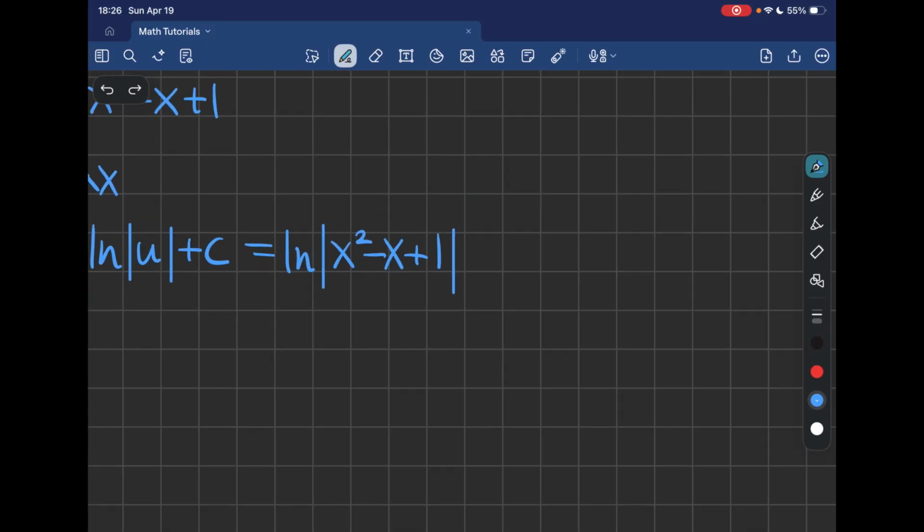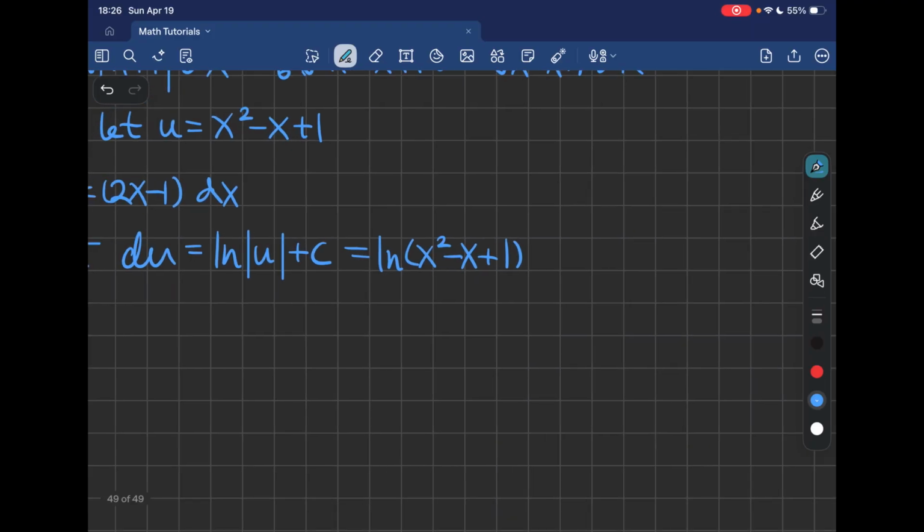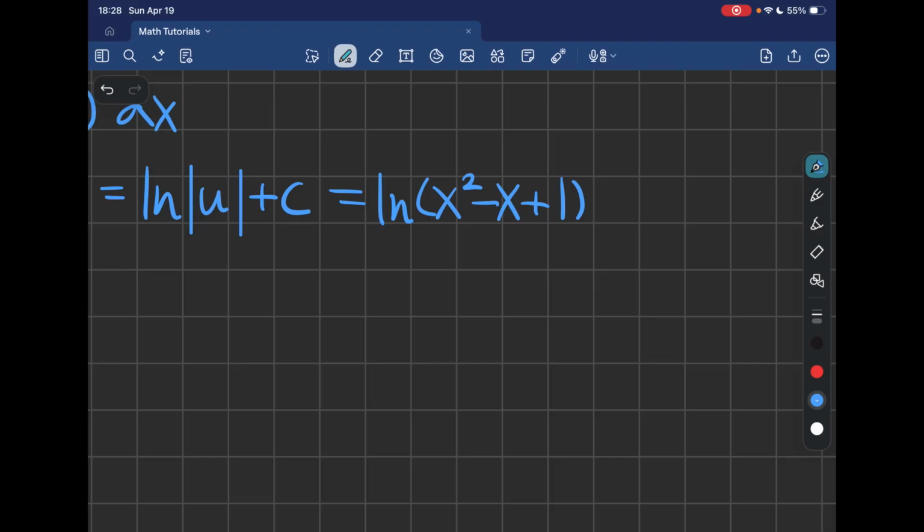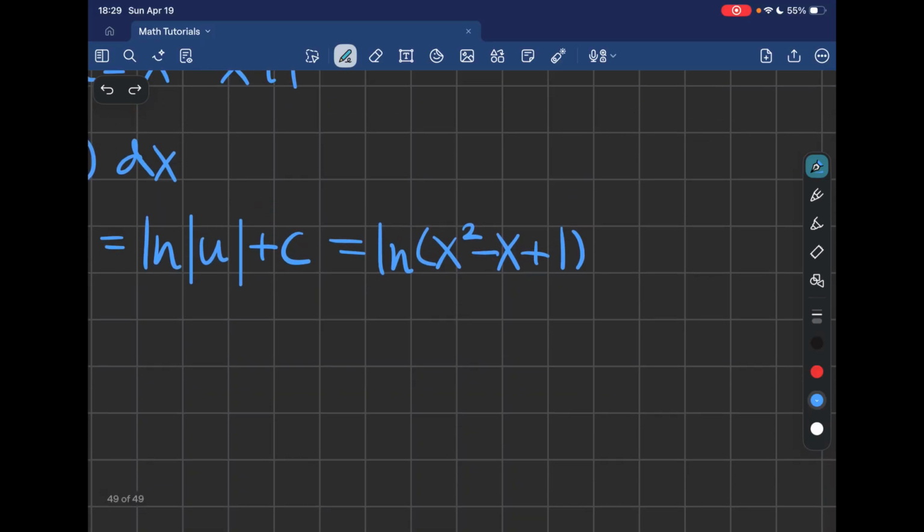So notice that this thing is always positive, right? So you actually don't need the absolute value signs right now. You can just write it like this. That is fine. This thing inside the ln is actually positive because, well, if x is 0, then you'll just have 1, which is positive.